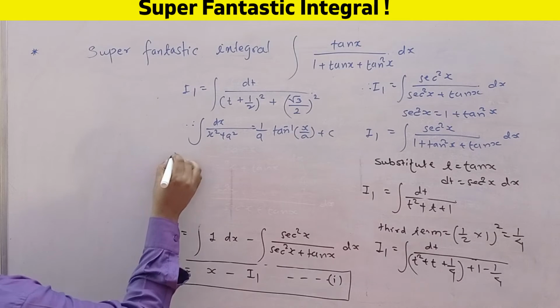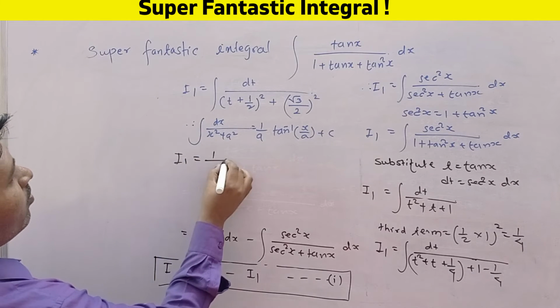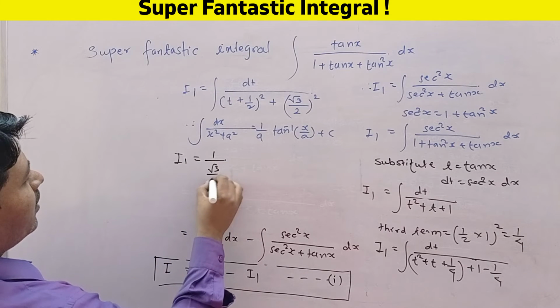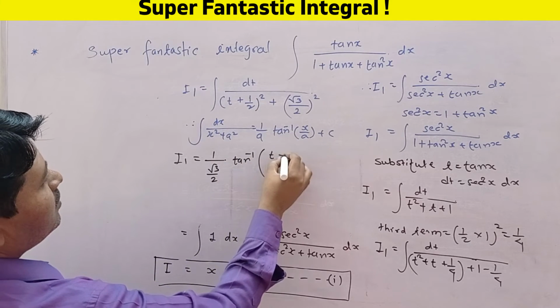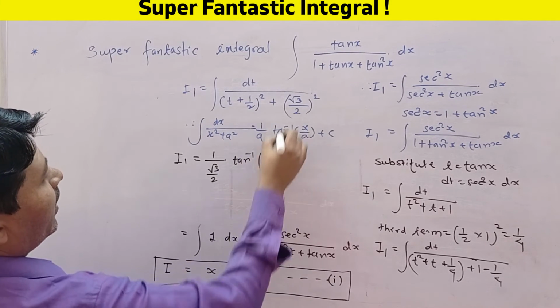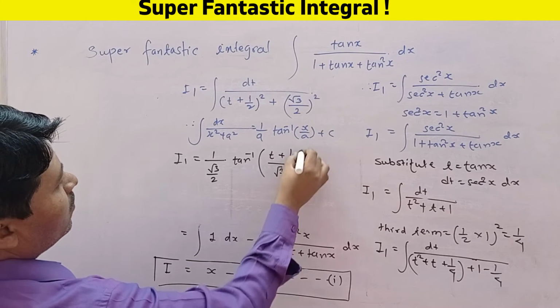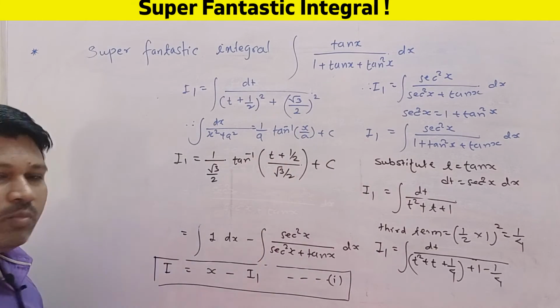So I1 is equal to 1 upon a, which is root 3 by 2, tan inverse of x term, which is t plus 1 by 2, divided by a, which is root 3 by 2, plus c, the constant of integration.